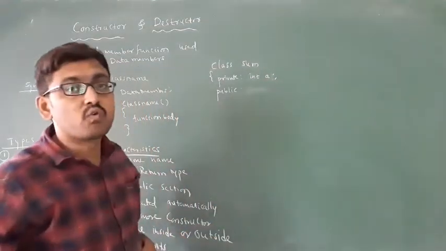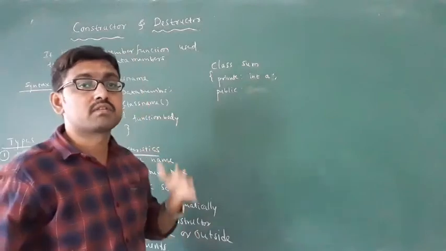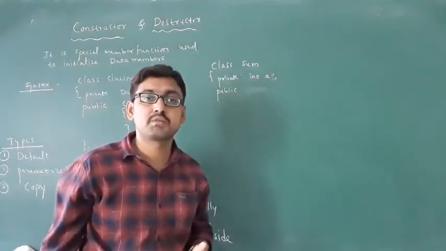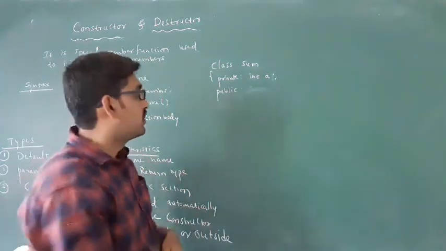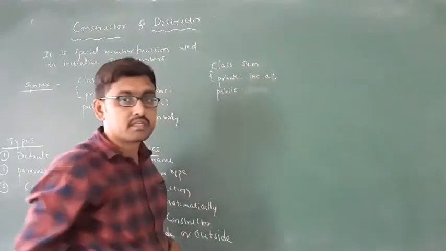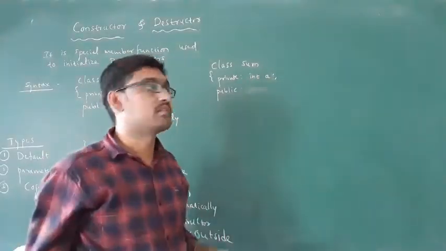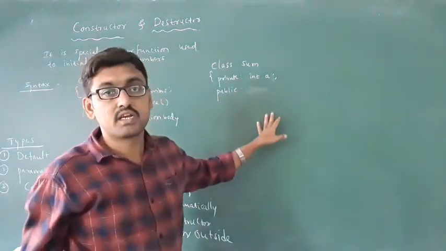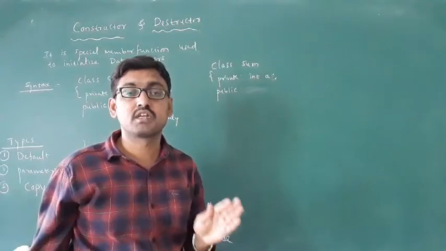This is how to declare the data members, which are nothing but variables. In the private section you declare data members, and in the public section you declare member functions.